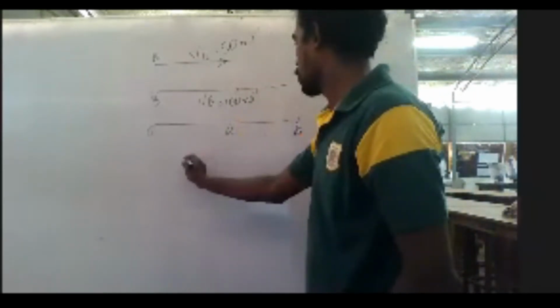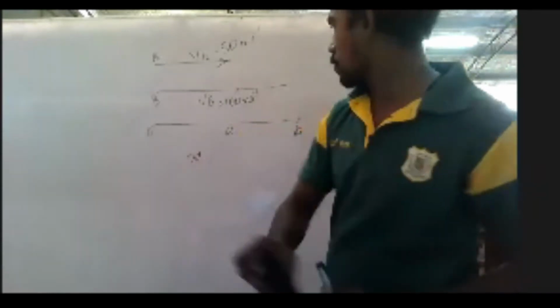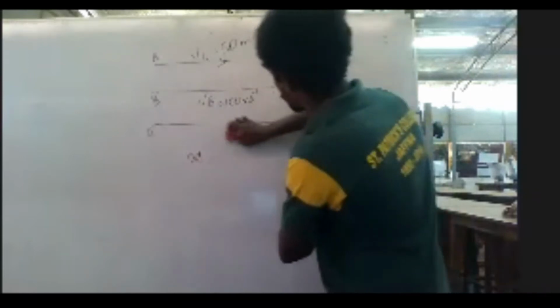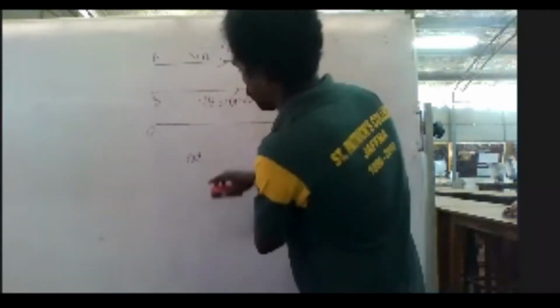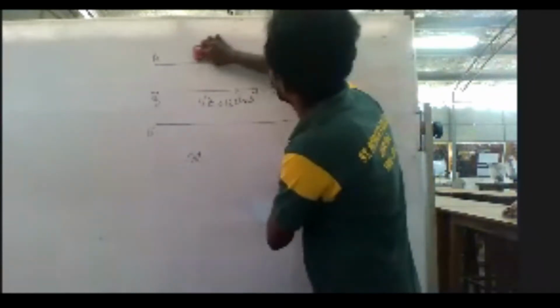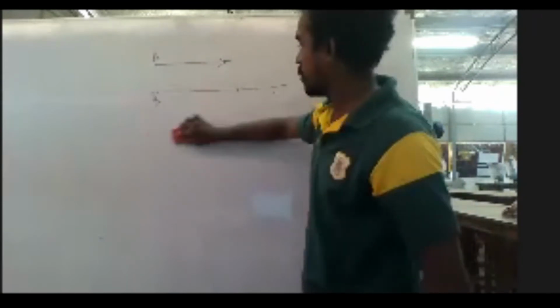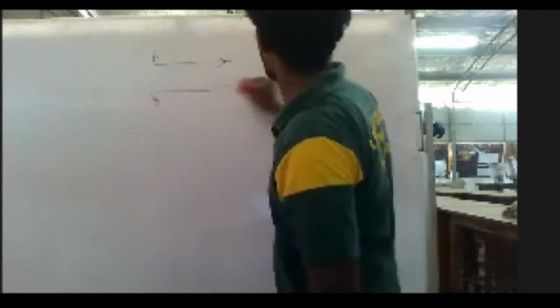OA, I'll write it like this. Now we will put in the equation. So I will erase this 50, 100 and everything. Now we will slowly move to the concept.